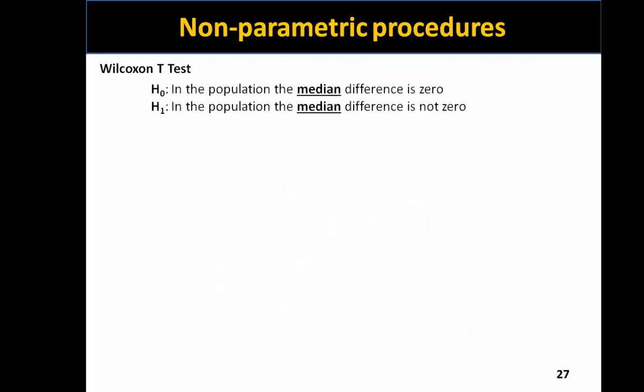So once again, to review the null hypothesis of the Wilcoxon t-test, the null hypothesis stated that in the population, the median difference is 0, whereas in the alternative, it is not 0.